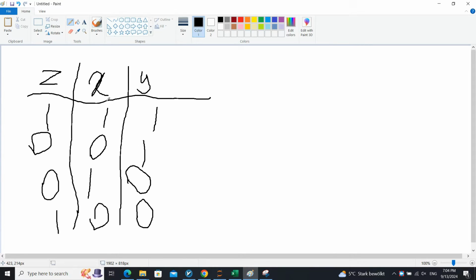Okay, how can we predict Z from X and Y?